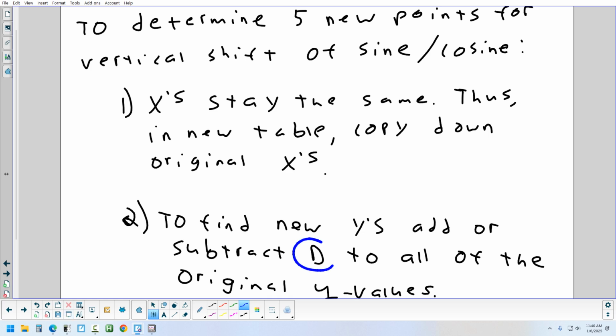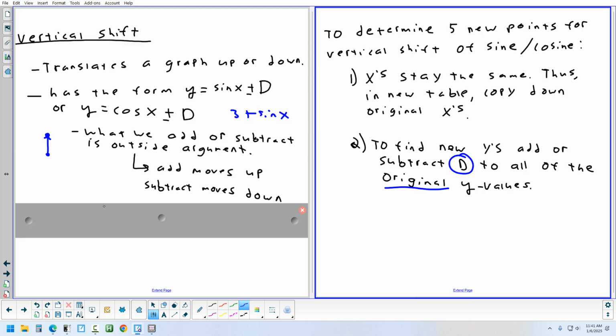Not sure if I mentioned d, but the reason I use the letter d is because once we learn all 4 transformations, this would be the 4th one. Since we're going to be working with the original y values, we're going to be working with 0s, 1s, and negative 1s. Arithmetic, very easy.